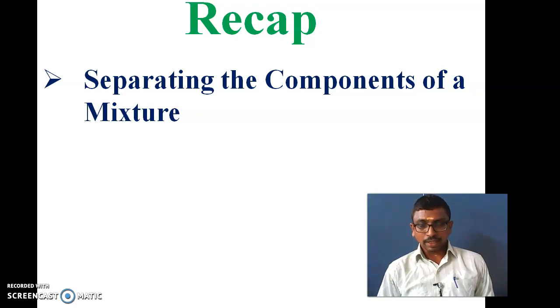When we heat the water, it will evaporate. Here we take the volatile solvent as water and the non-volatile substance is nothing but dye. So we can separate the dye from the water with the help of evaporation.